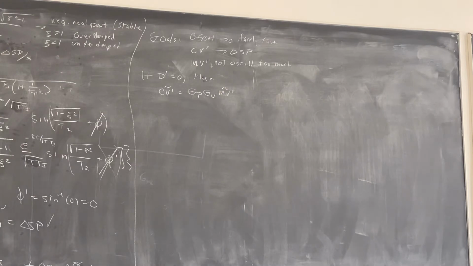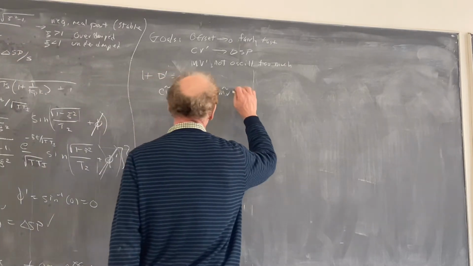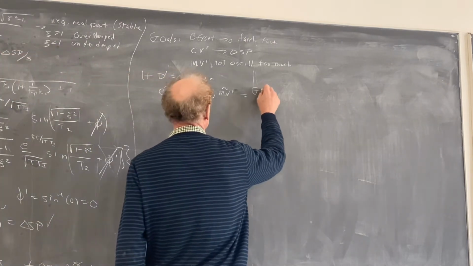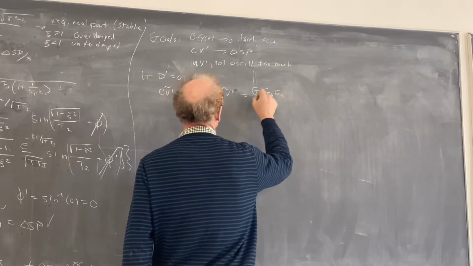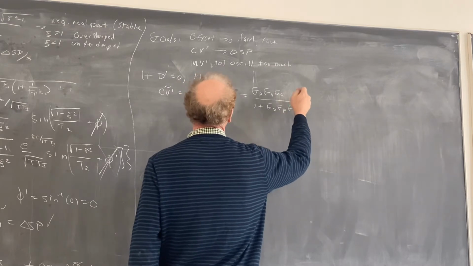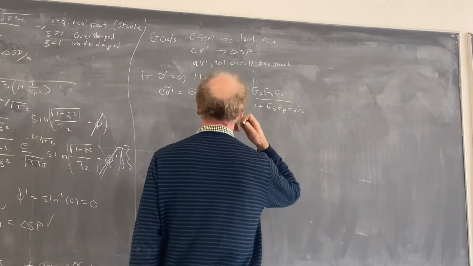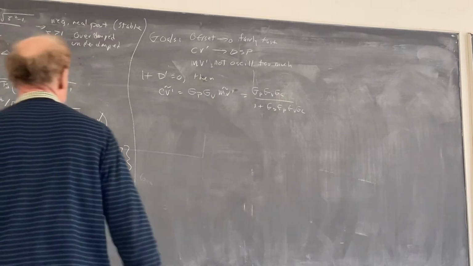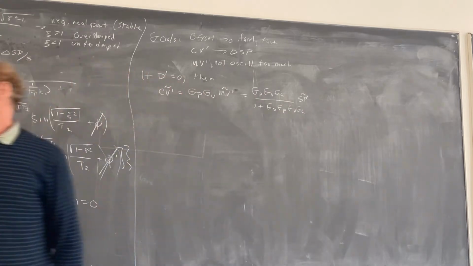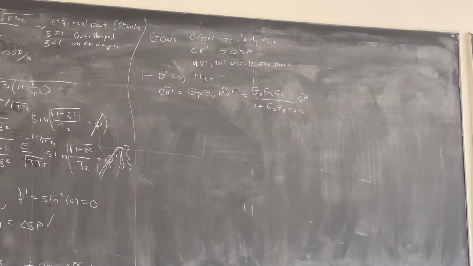And that just comes from the block diagram. Okay, but let's recall that CV prime is also equal to GP, GV, GC over 1 plus GS, GP, GV, GC times SP prime. So I just copy that from here.